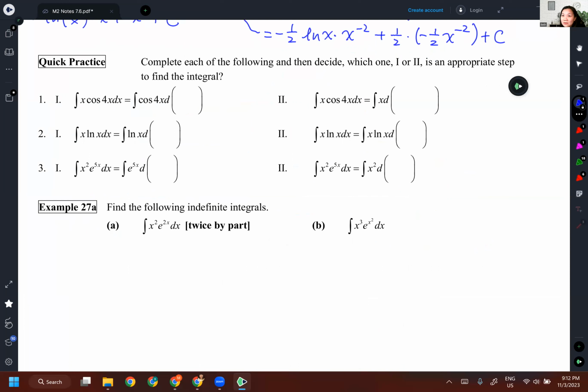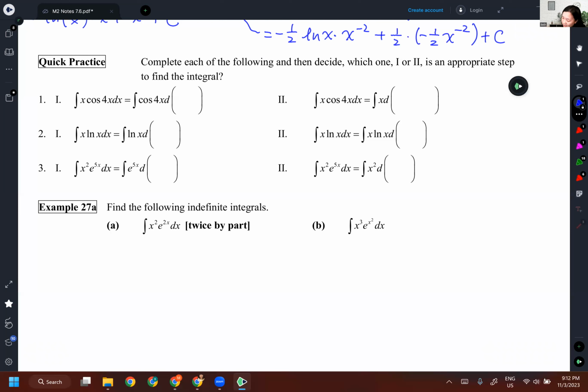This practice is that when you have a mixture of functions, which one do you do first? So complete each of the following and then decide which one, the first or the second, is an appropriate step to find the integral. Now for the first one, it's a mixture of x and cosine.